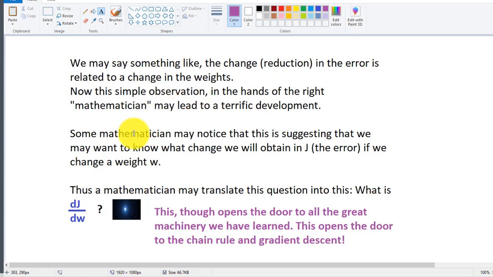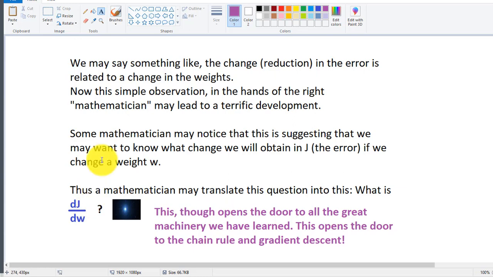Some mathematician may notice that this is suggesting that we may want to know what change we will obtain in J, in the error, if we change the weight W. And thus a mathematician may translate this question into this: what is dJ/dW? Once it gets translated into this, it opens the door to all the great machinery that we have learned.